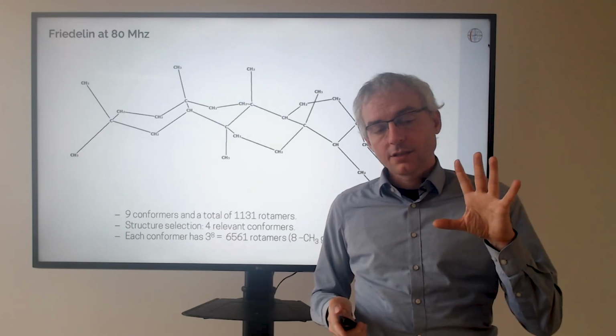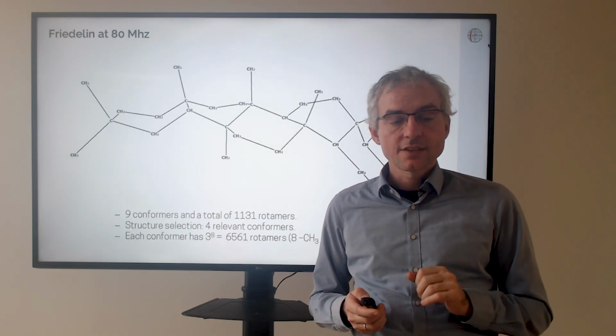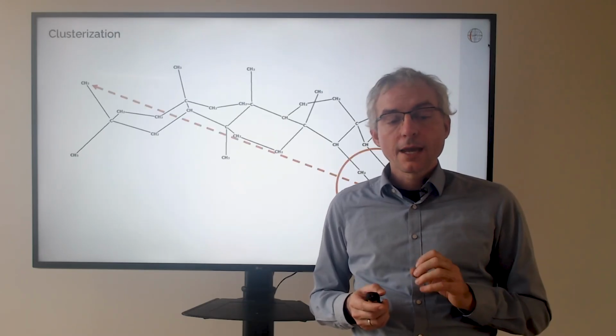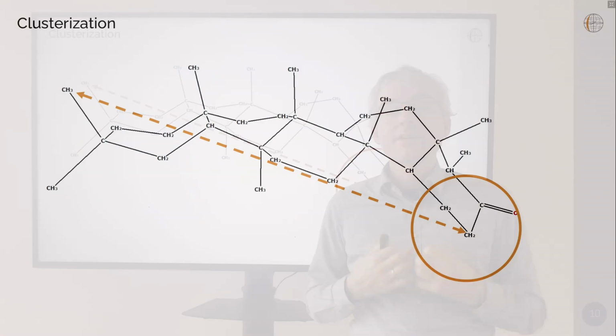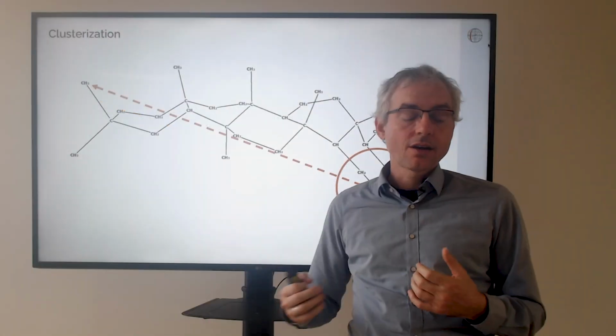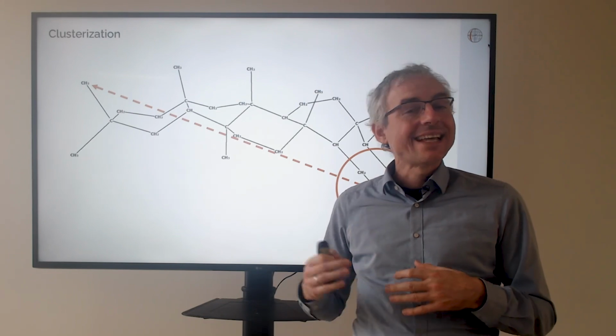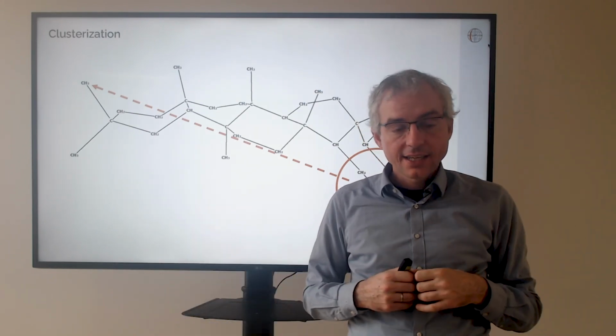The sampling over all the conformers is very much possible in this case, so we have good parameters, but now we need to get from the parameters to the spectrum. The way we do this is by introducing so-called spin clusters. So we use a clusterization method, and the theory behind this is that one proton on one side of the molecule does not need to know what the other proton far away is doing.